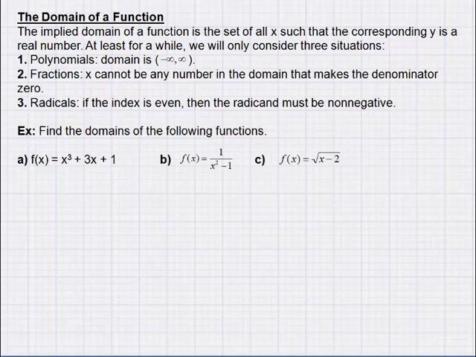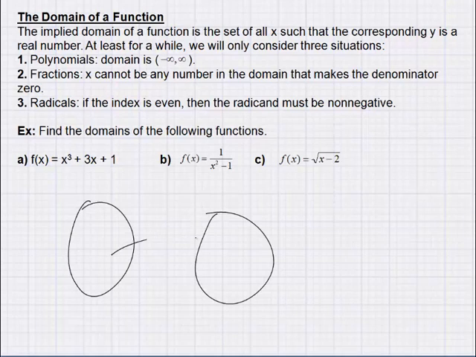So the idea of domain is all the values that you can plug into a function. So when I showed you this picture before, this is my starting set, this is my ending set, and we do something like this. This was the domain, and this was my range.